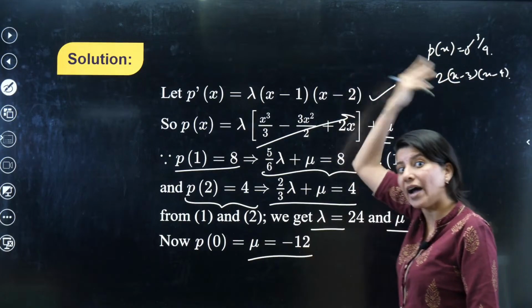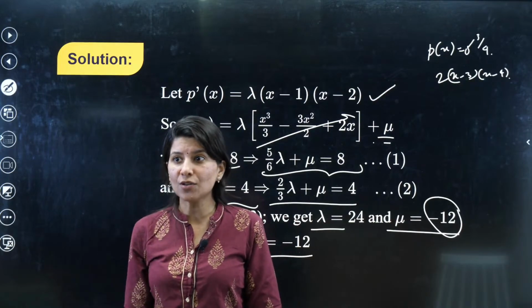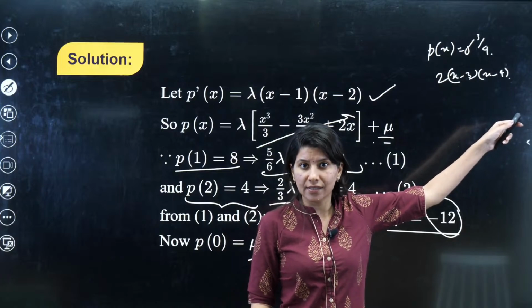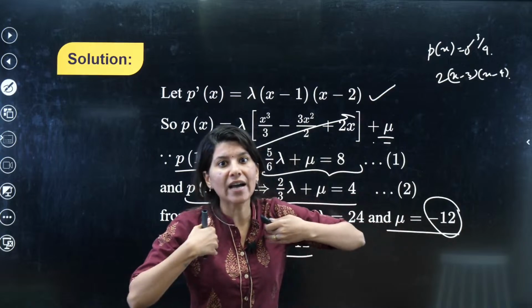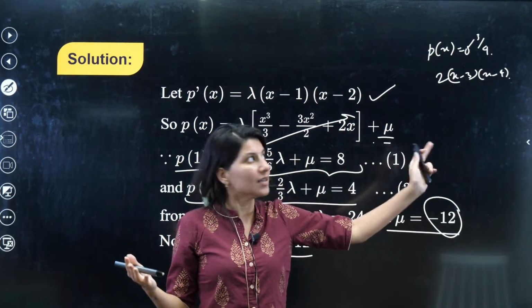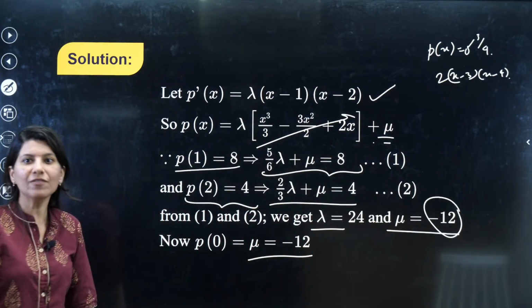If somebody asks me why do you write (x minus 3)(x minus 4), it could be twice of it, thrice of it, 4 times. So I have to consider all the possibilities, right? The leading coefficient can be anything. Why should I assume that my leading coefficient is 1? Nobody has told me. So that's why I keep the leading coefficient as some variable and then figure it out, okay?